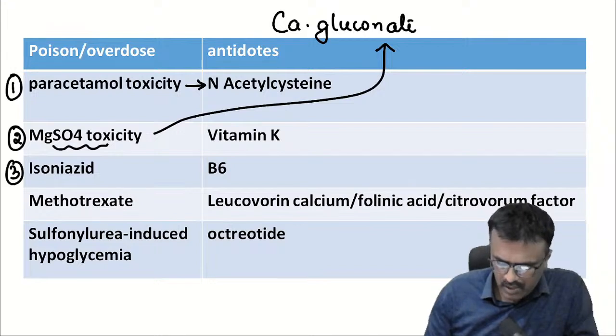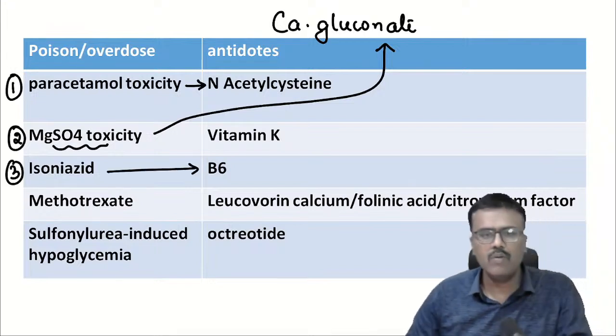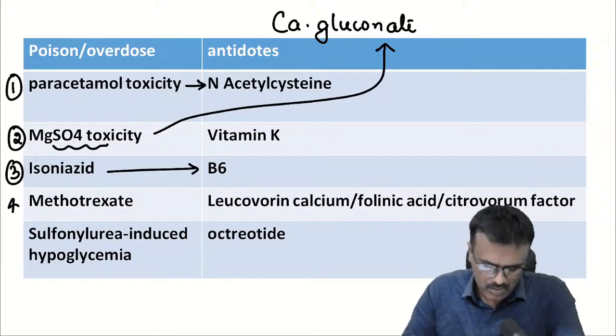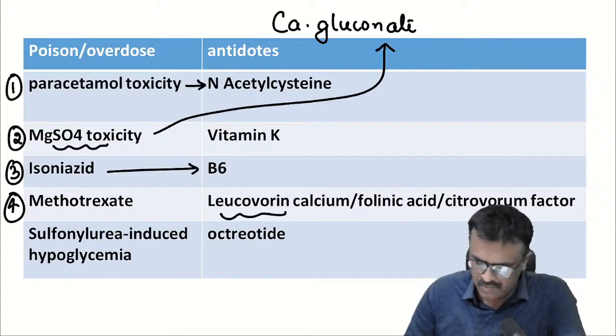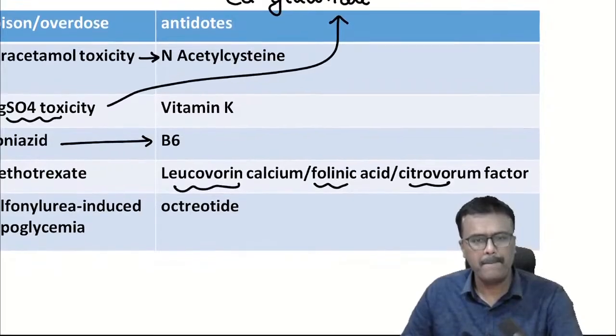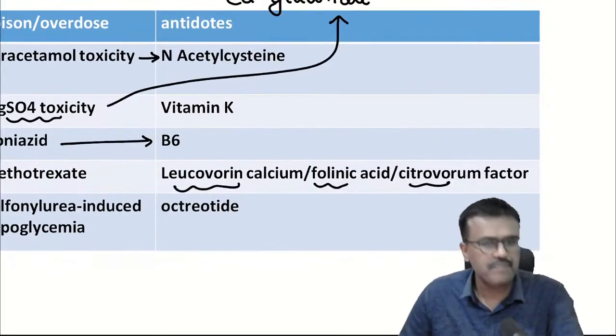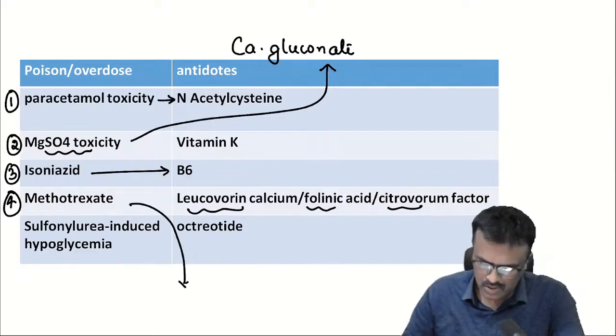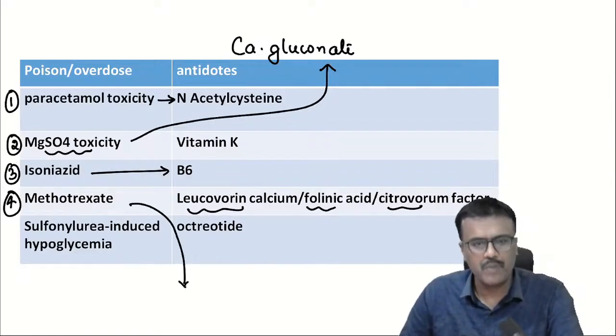Number 3, isoniazid overdose. We use pyridoxine, B6. Methotrexate, we use leucovorin, folinic acid, citrovorum factor, all are same. For methotrexate overdose, recently there is an enzyme approved.